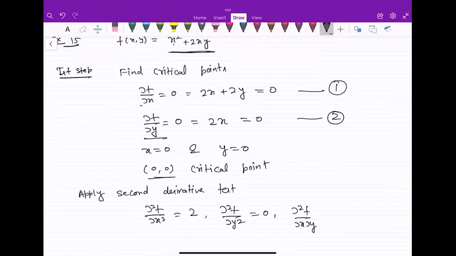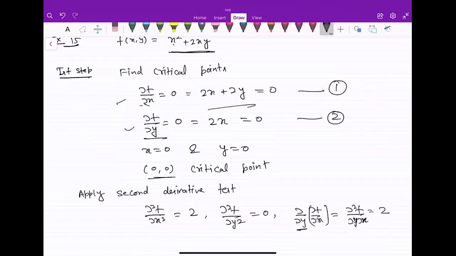Del f over del x we have already computed. As I may have told you before, we can compute del 2 f over del x del y either from here or from here, both are equal. We differentiate del f over del x with respect to y, and it comes out to be 2.